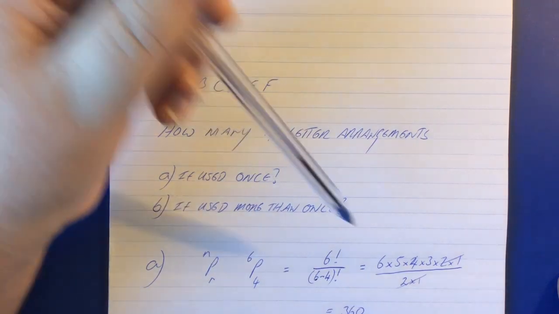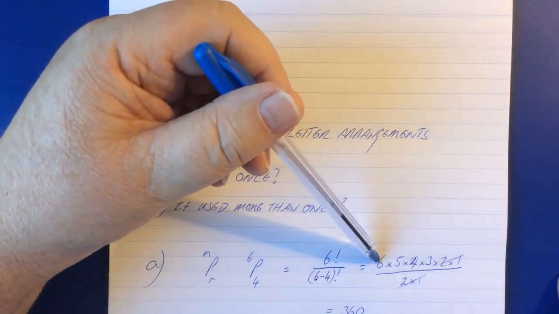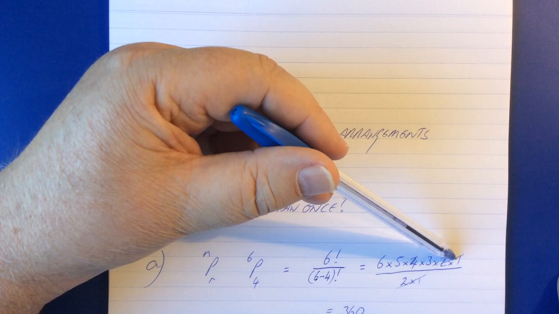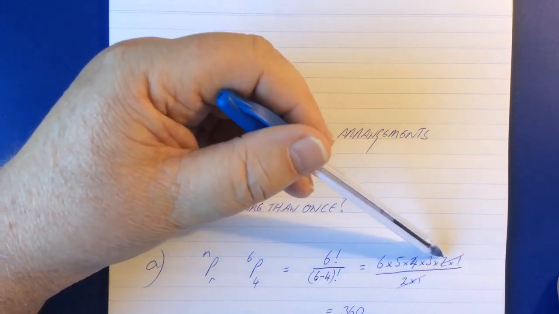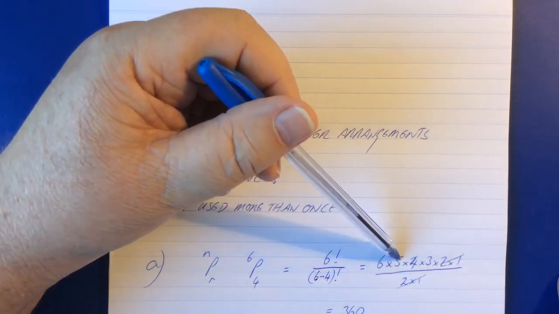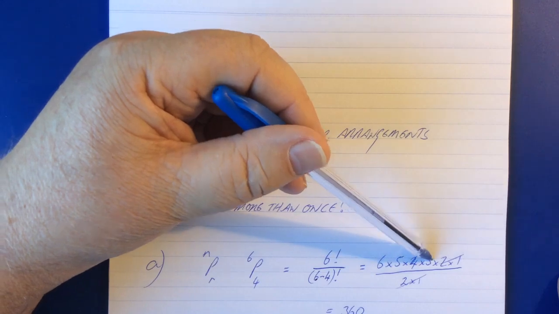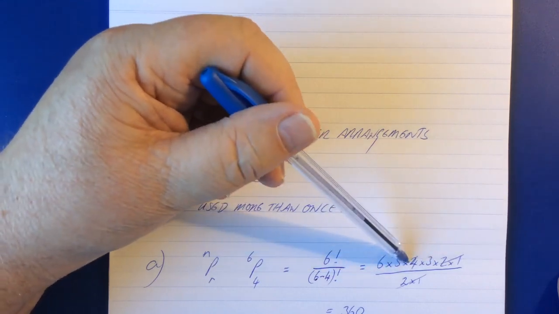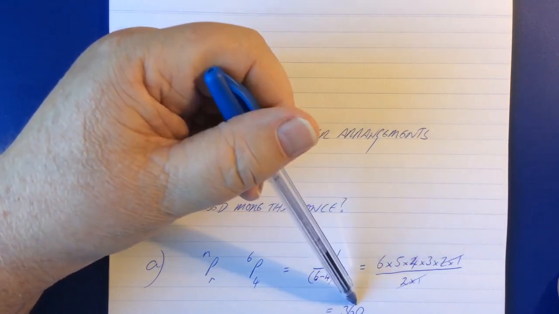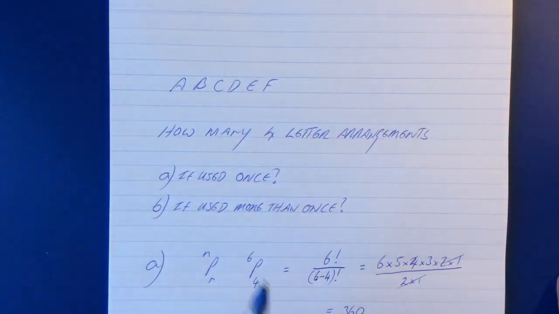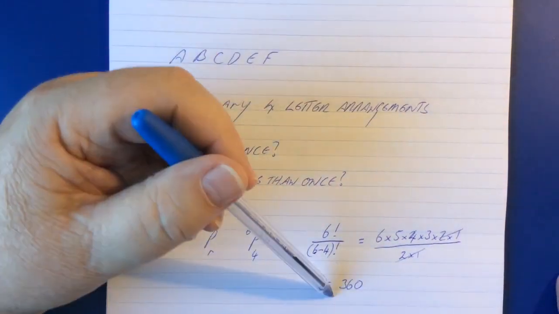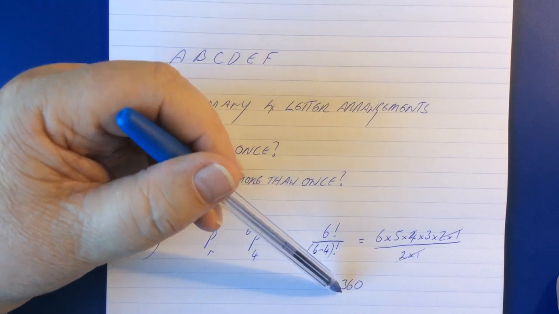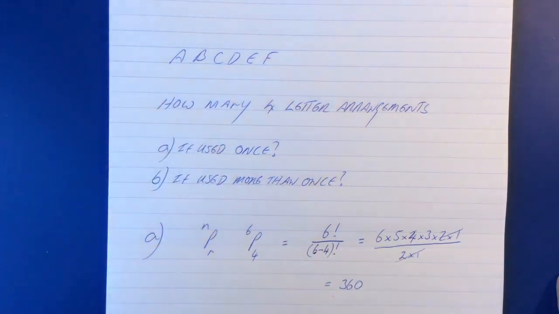It's very straightforward. 6 times 5 times 4 times 3 times 2 times 1 over 2 times 1, which gives us 6 times 5 times 4 times 3. 6 5s are 30, 4 3s are 12. That gives us 360. Sorry, let's get that into frame. 360 possible permutations. There. See how easy it is? This is a permutation. That's our answer for A.